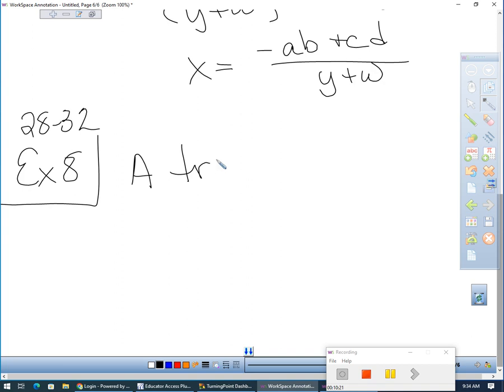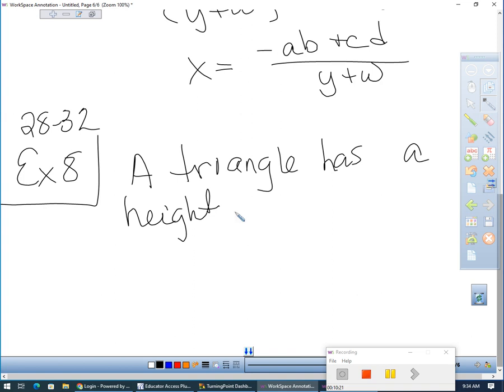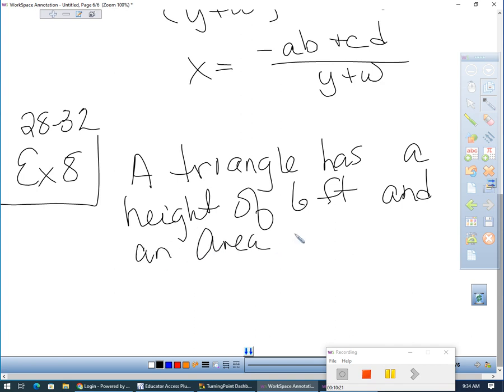A triangle has a height of 6 feet and an area of 48 feet squared.